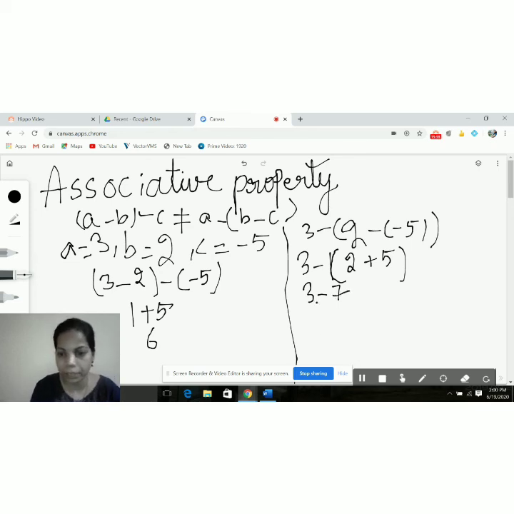We have to subtract first. Then we have to put the sign of the greatest integer. Here 7 is the greatest integer. It is having a minus sign, so we'll put minus. So are they both same, LHS and RHS? No, they are not same. So a minus (b minus c) is not equal to (a minus b) minus c.